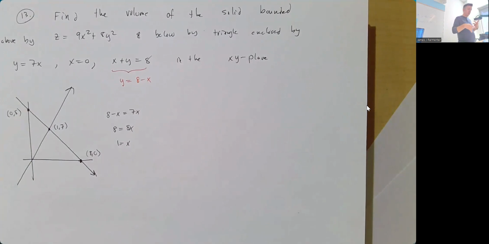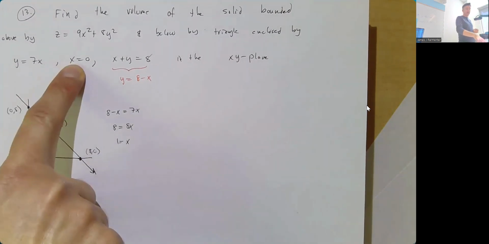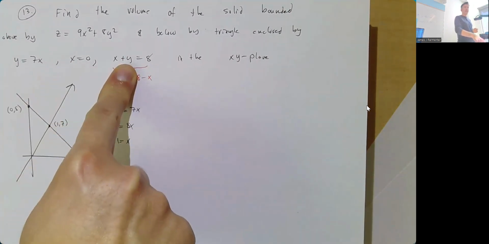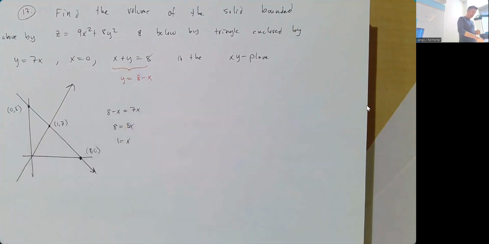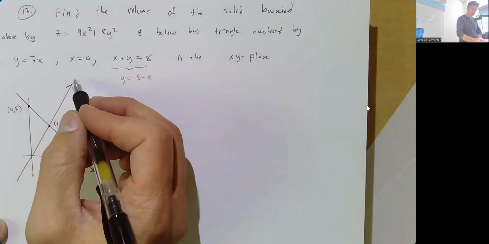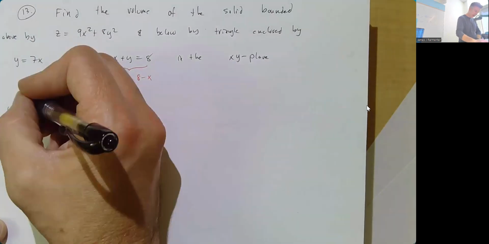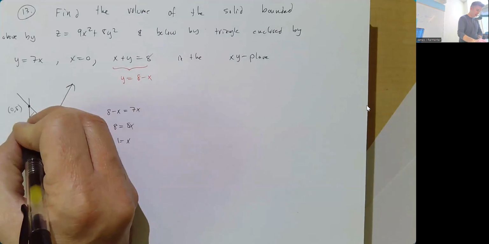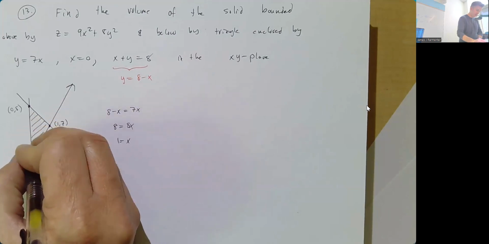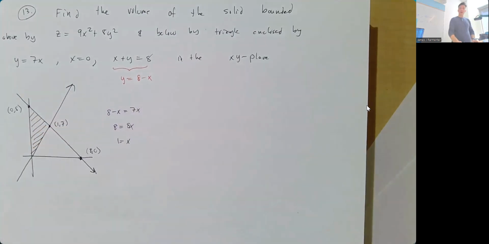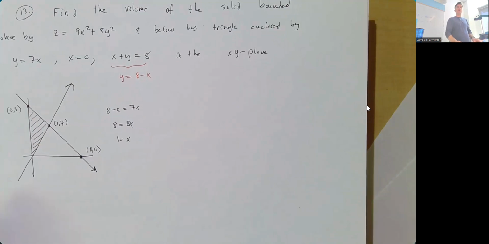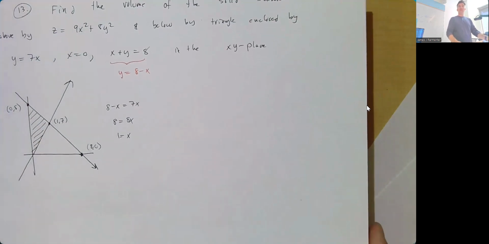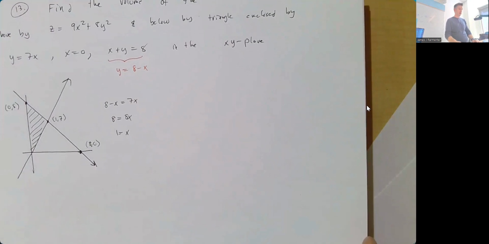Because the left one is the one that has all 3 of these lines as boundaries: y equals 7x, y equals 8 minus x, and x equals 0, which is the y-axis. So that is our region that we're looking at. Be careful. It's easy to mix up which axis you've got and accidentally grab the wrong triangle there. So just be extra, extra careful there.